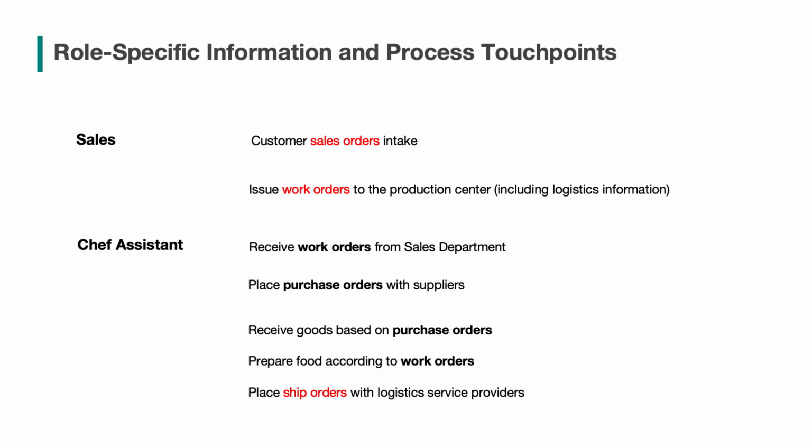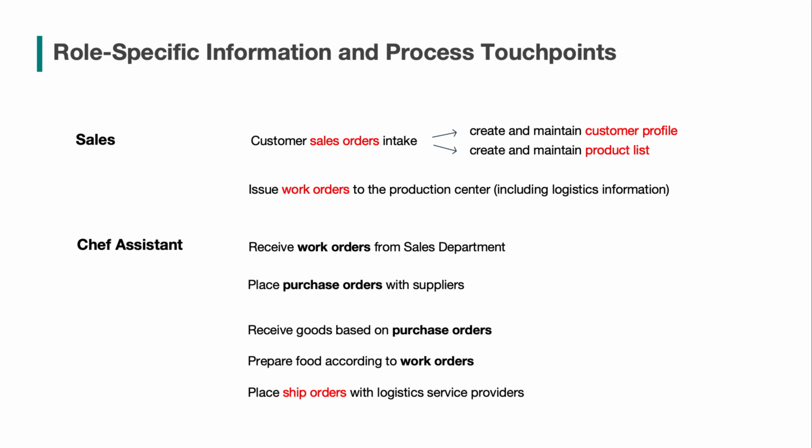Further analysis reveals that handling customer orders inevitably requires establishing and maintaining two related data objects, customer profile and product list. Without these, orders cannot be effectively created. For example, customer information should not be repeatedly entered across multiple orders, nor should product details be redundantly included in each order. This deeper analysis is represented by the extended arrows in the diagram.